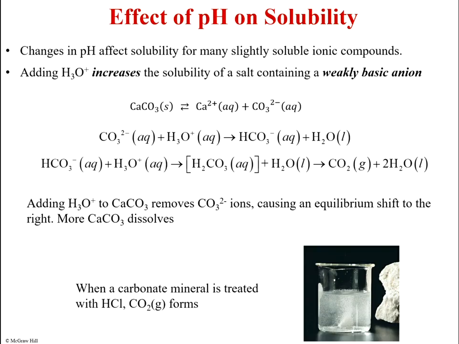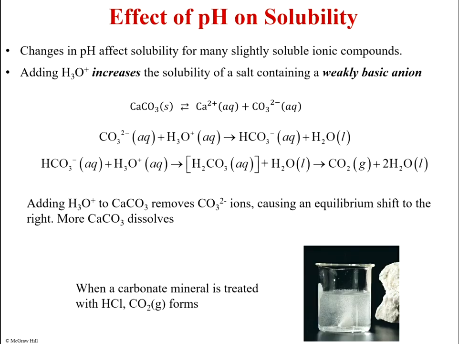An important factor is when we combine together solubility with acid-base chemistry. This is extremely important for environmental and geological processes. Changes in pH can affect the solubility for many slightly soluble ionic compounds. This is particularly important when adding acid increases the solubility of a salt that contains a weakly basic anion.